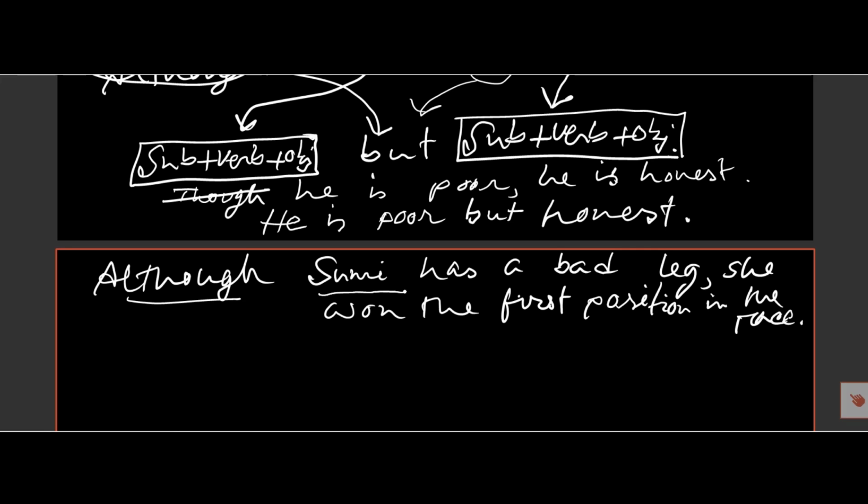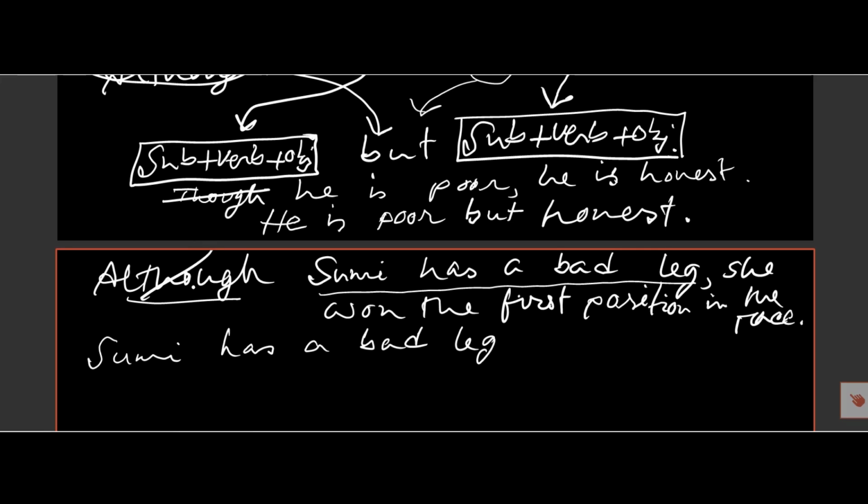So we must begin the sentence with the part after although: Sumi has a bad leg, and instead of the comma, removing although, we must put "but".